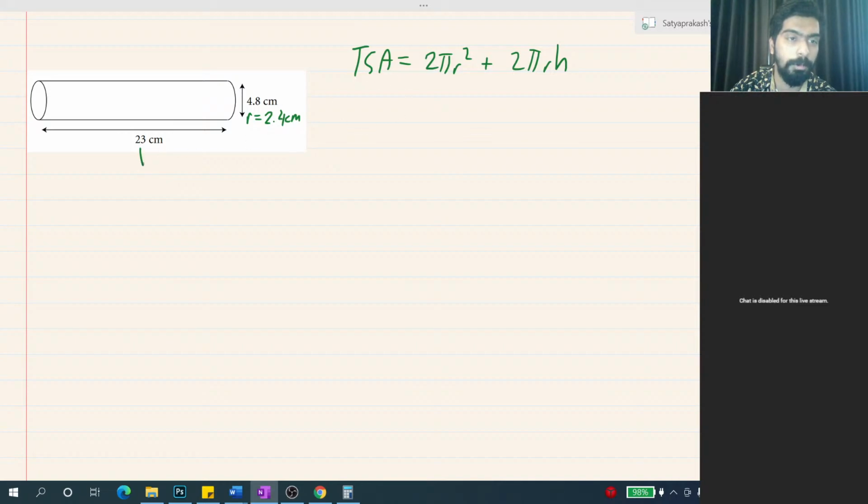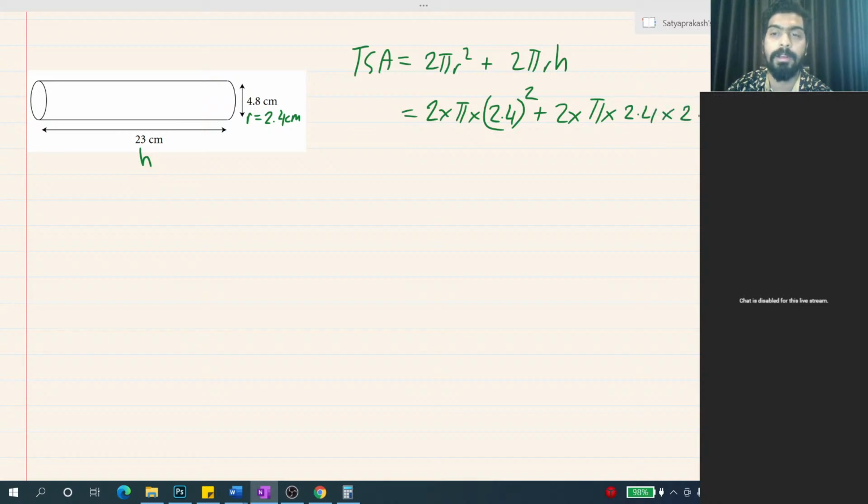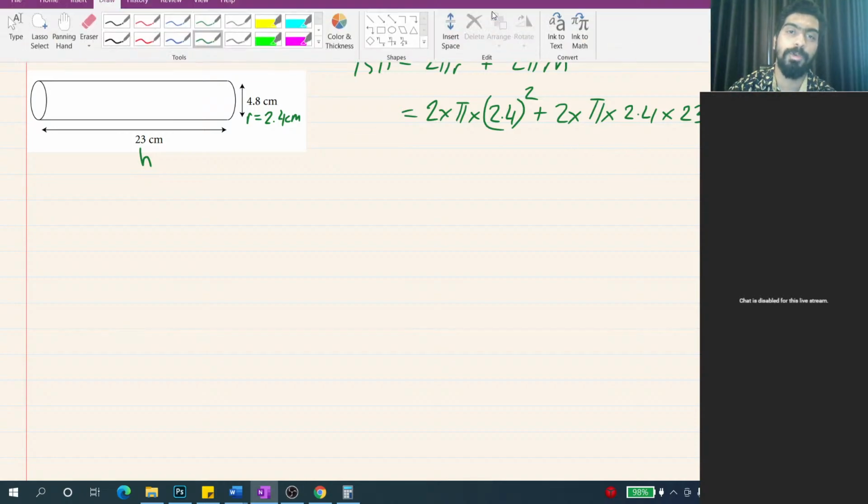And this one would be our height. So what we would have here is 2 multiplied by pi multiplied by 2.4 to the power of 2 plus 2 times pi times 2.4 multiplied by 23.